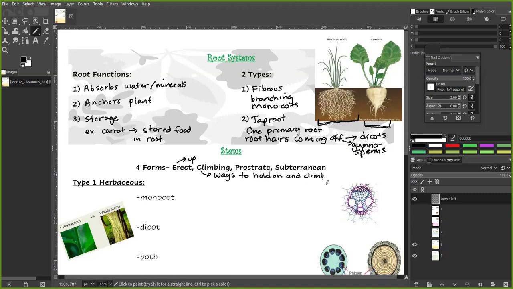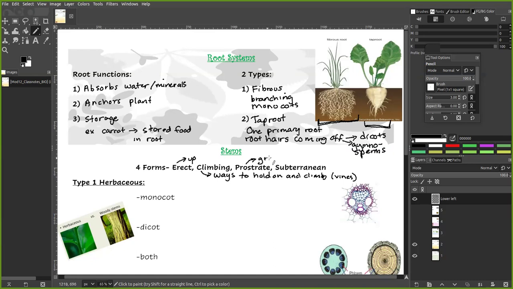And often these are vines, but they actually have tendrils or hooks, things that will hold on to help them grow up.